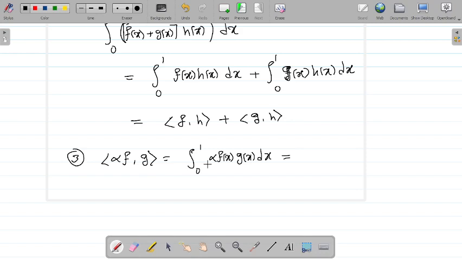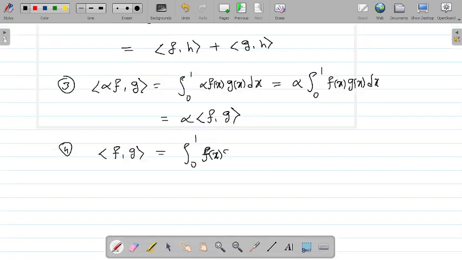Okay, and we need to prove one more condition, that is the symmetric property. That is, if you take ⟨f, g⟩, that is integral 0 to 1 f of x into g of x dx, this can be written as integral 0 to 1, since function multiplication is commutative, we can rewrite it as g of x into f of x, and this is the same as inner product of g and f.